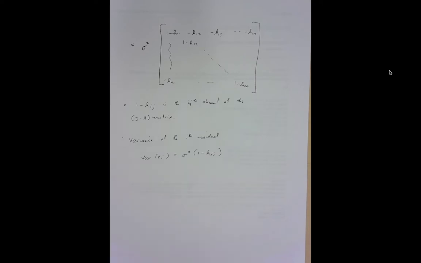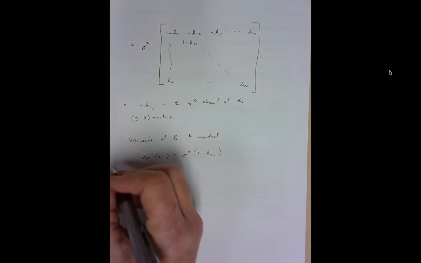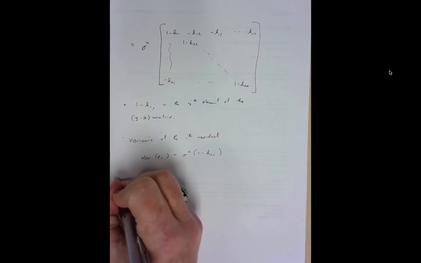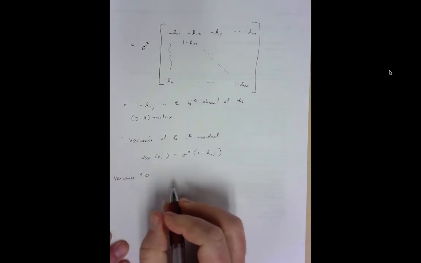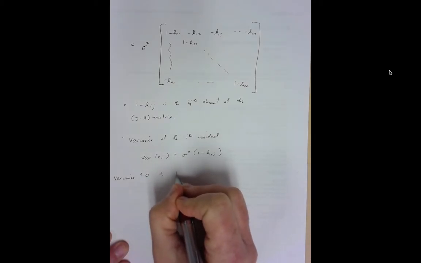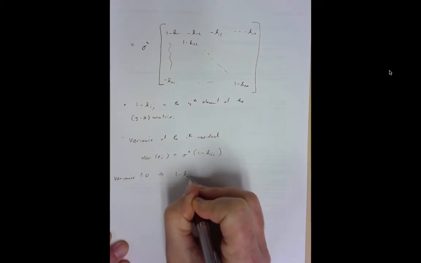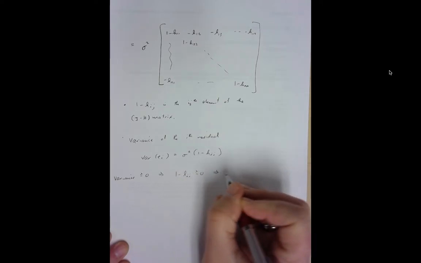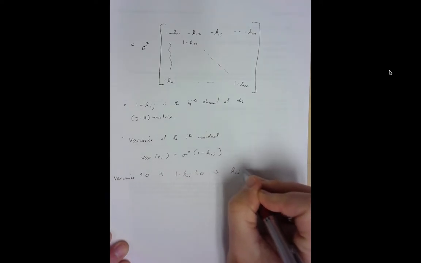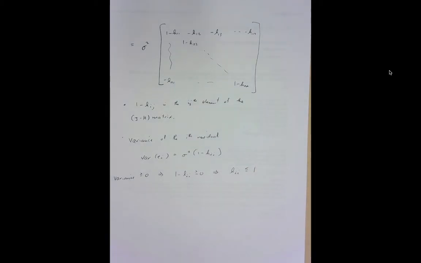And guys, since we know that variance has to be greater than or equal to 0, it would follow that 1 minus Hii has to be greater than or equal to 0, which implies to us that Hii must be less than or equal to positive 1.